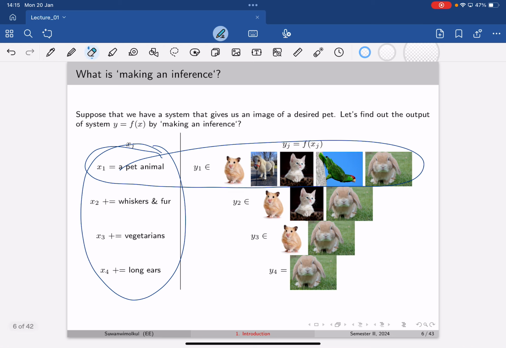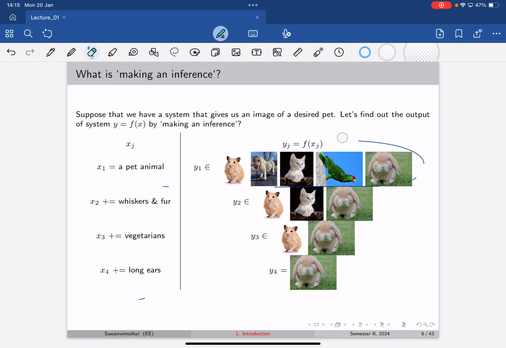But if I add more conditions such as with whisker and fur, then maybe my output space will be more limited. But please keep in mind that there are more types of animal than this showing that are animals with whiskers and fur. But the good thing about a generative model is that the more text you add, usually it gives you more constraint as to what your output could be.